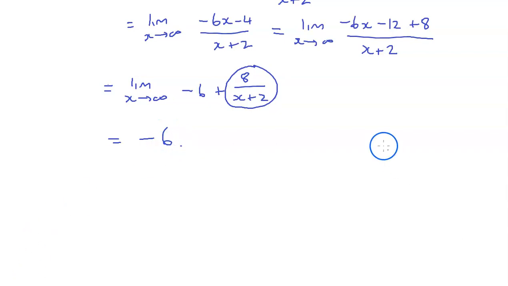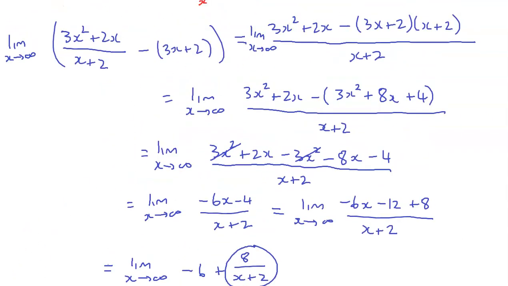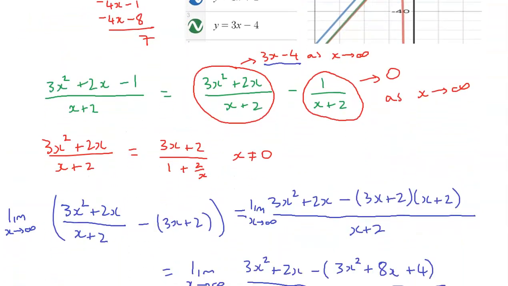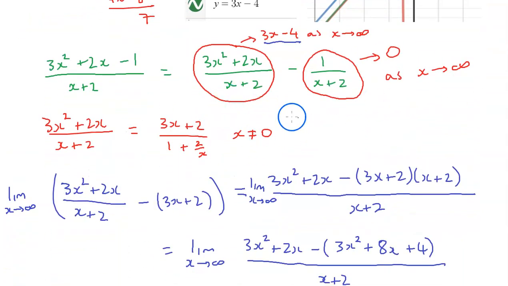And we should have known that immediately, just because, well, looking at the difference between 3x plus 2 and 3x minus 4, well, they are 6 apart. And so what it's saying is that whatever this rational function here, 3x squared plus 2x divided by x plus 2, it's going to get closer and closer to 6 less than 3x plus 2.